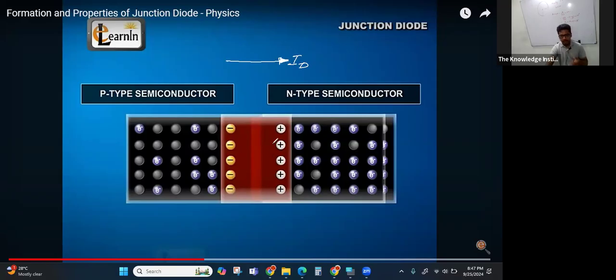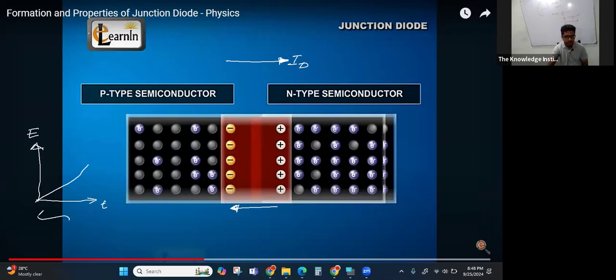Once this is generated, there will be a slight built-in electric field. Initially the built-in electric field is zero. For example, if I plot the graph of the built-in electric field versus time, initially it's zero, but once the diffusion occurs, gradually it will increase.